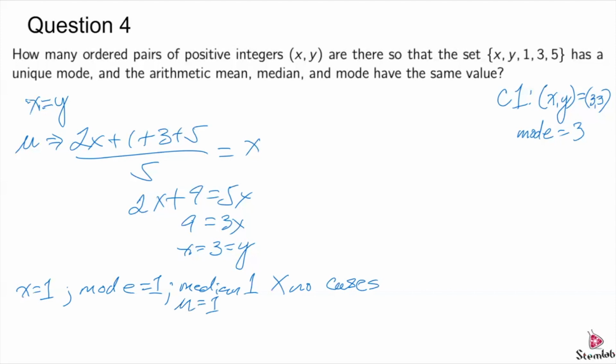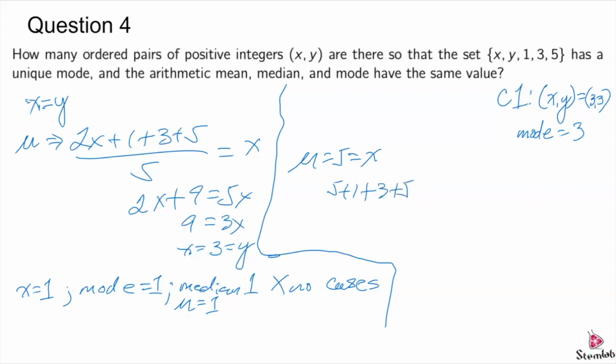The only thing left is when x equals 5 or y equals 5. There are two cases, but we'll only do one because the other is just the flip. When we want the average to be 5 and equal to x, then (5 + 1 + 3 + 5 + y) over 5 equals 5.